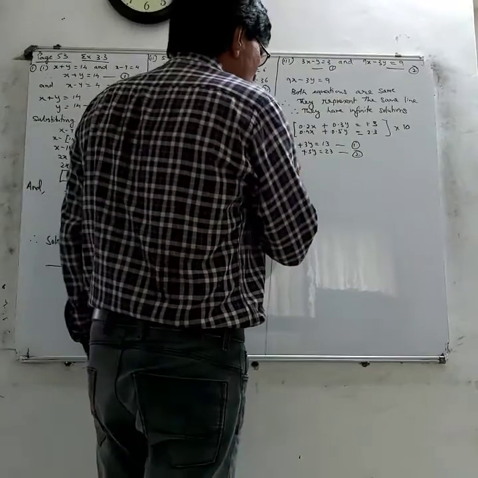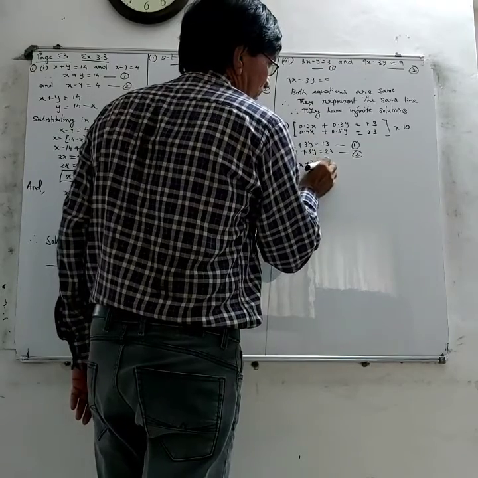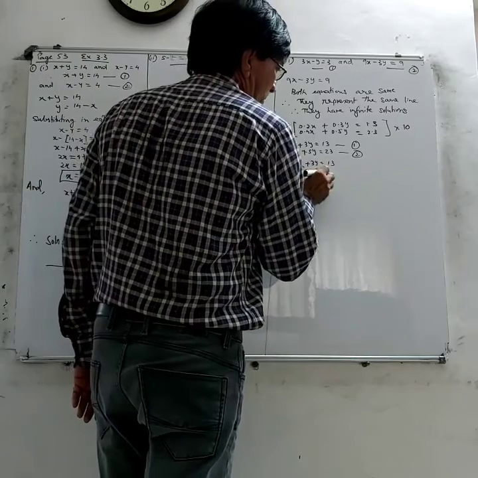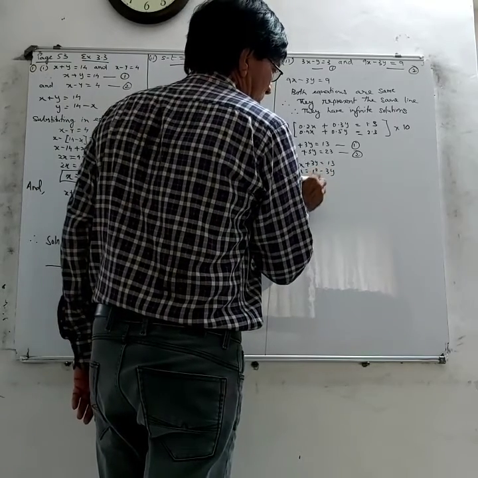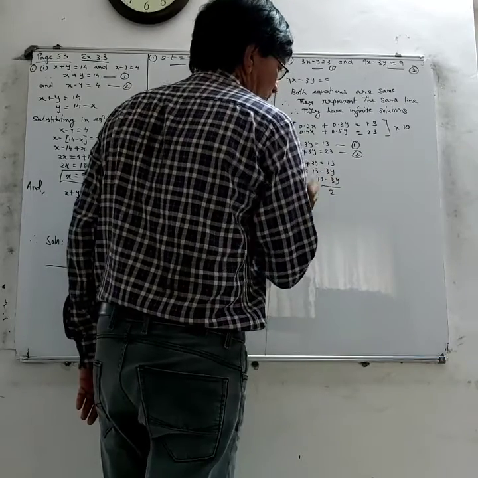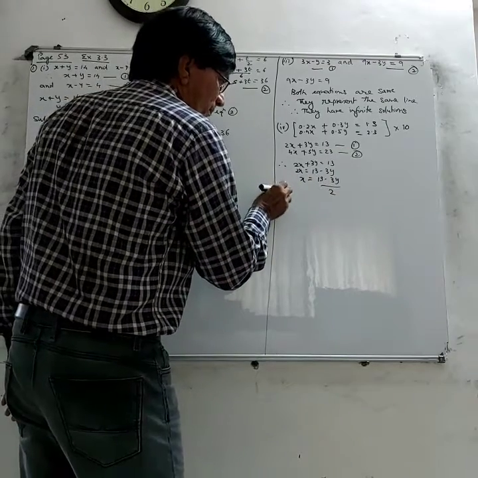Now, by substitution method, x is equal to (13 minus 3y) upon 2. This is from the first equation. Now we substitute in the second equation.